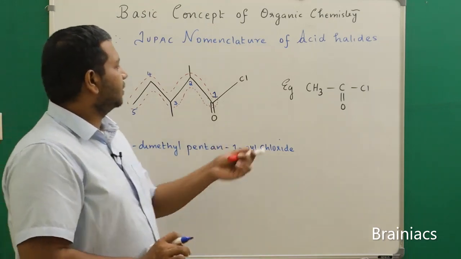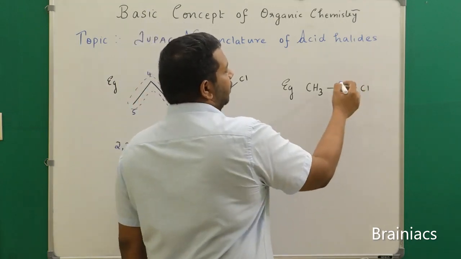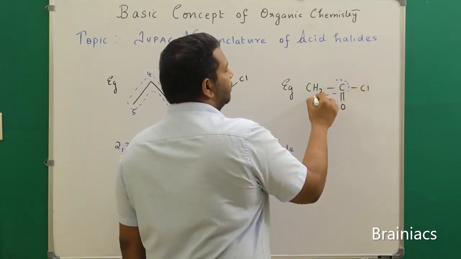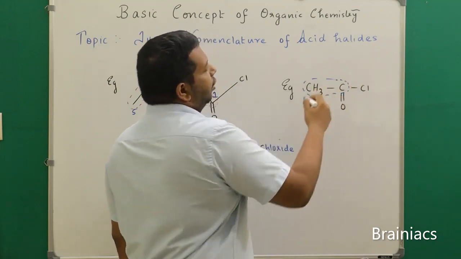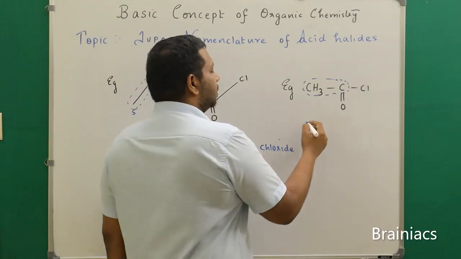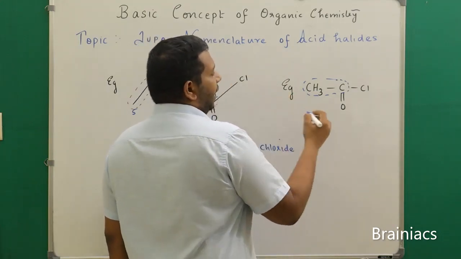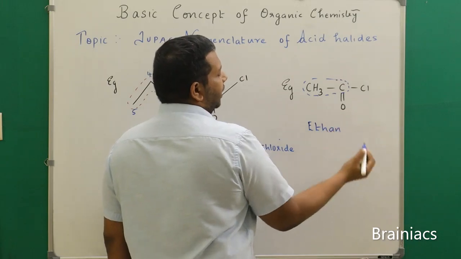Now coming to the next example, it's a very simple example. Here also the functional group is COCl, so I can say my parent carbon chain is this one, correct? How many carbon atoms are there in the parent carbon chain? 2, so I can use the term eth, correct? And all are linked through single bonds, so I will say ethane.